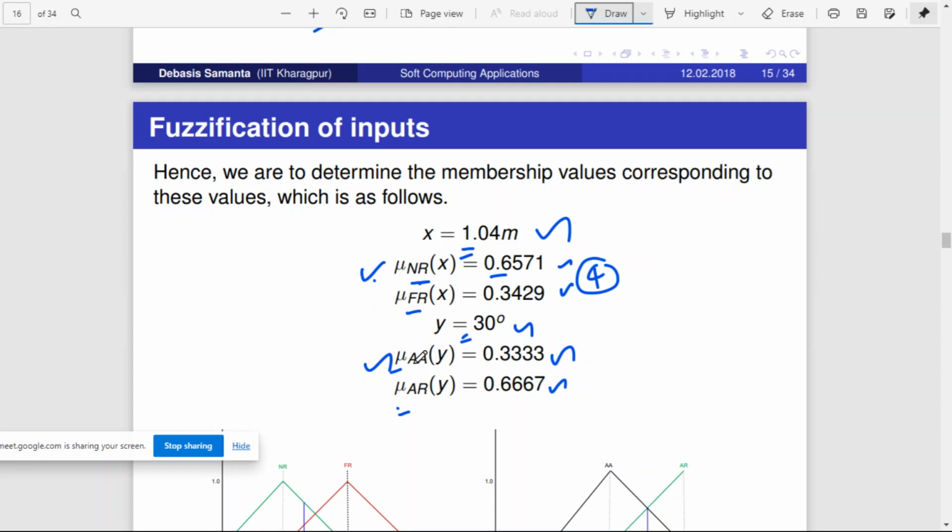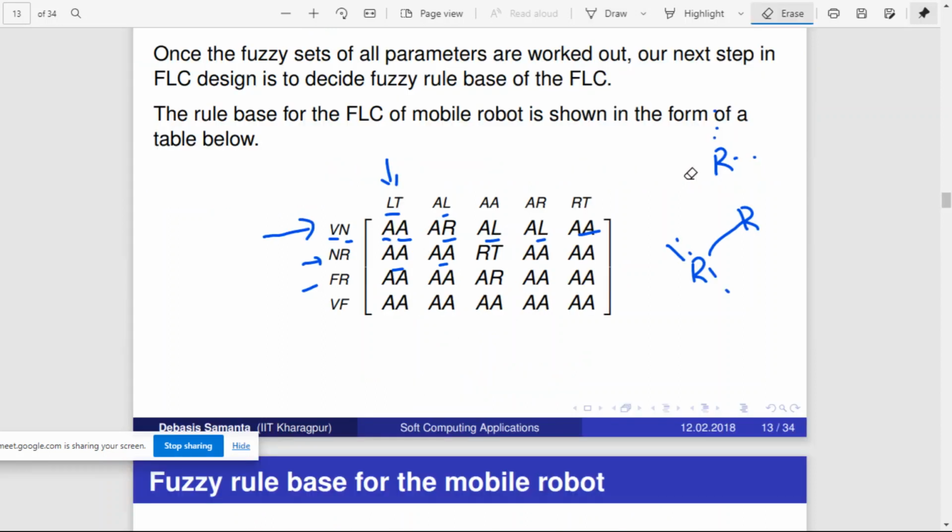If it is NR and AA, then what should be the result? This table gives the full rule database. So if it is NR and AA, then the robot should deviate towards right.